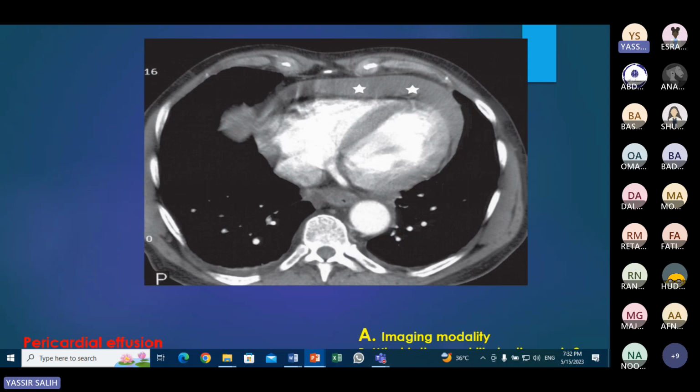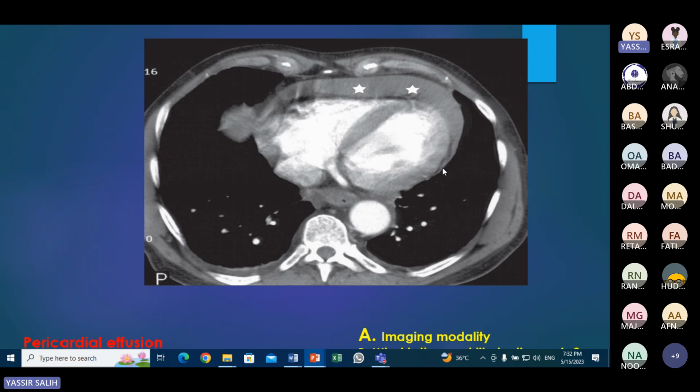Pericardial effusion by definition means there is effusion fluid, but this is fluid surrounding the pericardium, the heart. If you go back to any normal CT, you won't find fluid around the heart. This is fluid, so it is called pericardial effusion.